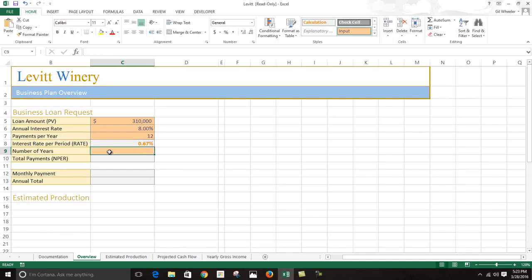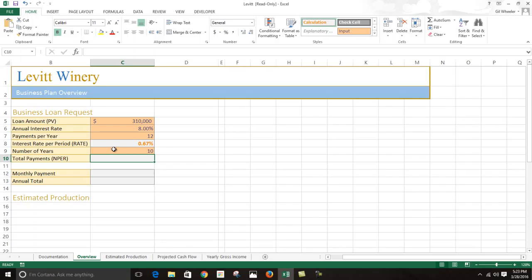In cell C9, we're going to enter 10 as the number of years in our loan. And in cell C10, we will enter a formula to multiply the number of payments per year by the number of years in the loan, which will calculate the total number of payments on the loan, which will be 120 payments.